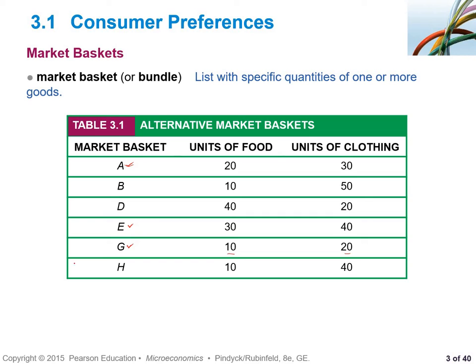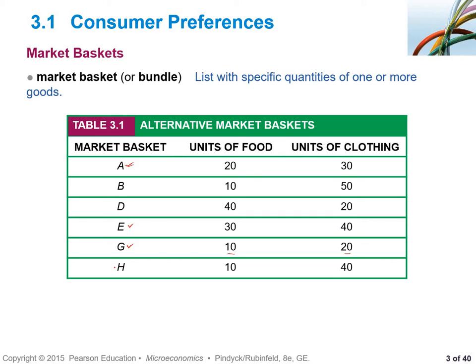अच्छा जी. The next or the last market basket is H, in which we are looking, if we want to compare it with market basket A, we are seeing that there are 10 less units of food and 10 more units of clothing. Again, we cannot compare it with A because we are having less units of food, but we are having more units of clothing.